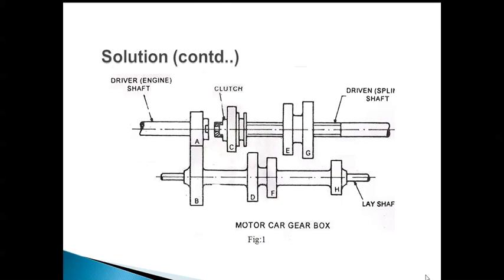To get the second gear speed, it is the same. Here E and G are fixed together. If you want the second gear, G will disengage from H and E will come in contact with F, so that you get the medium speed.